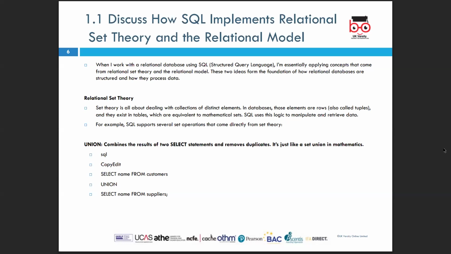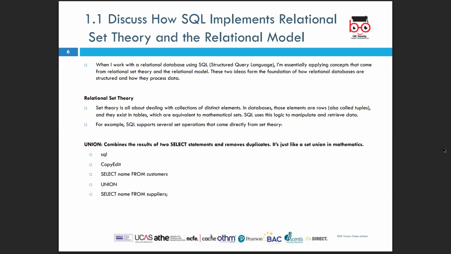So relational set theory, we know that set theory is all about dealing with collections of distinct elements. In the database, those elements are rows, also called tuples, and they exist in tables, which are equivalent to mathematical sets.